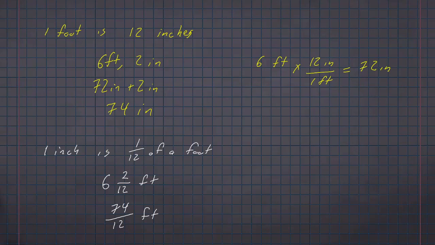So what did we really do? We took the whole part of the mixed number and we multiplied the whole part by the denominator of the fraction.